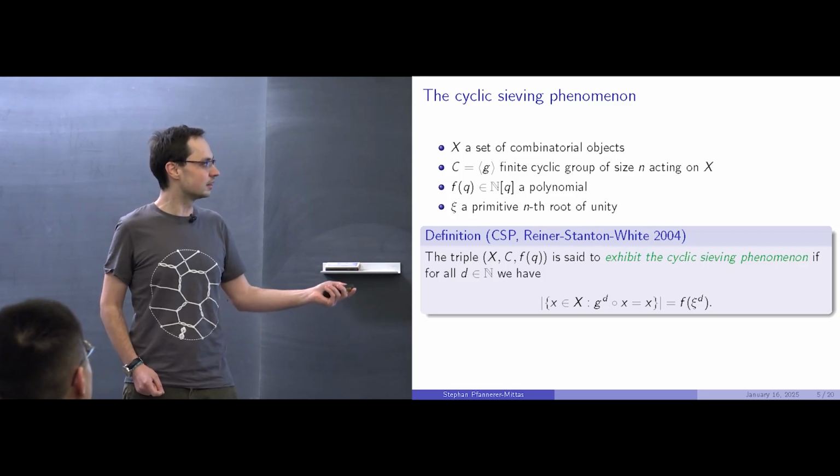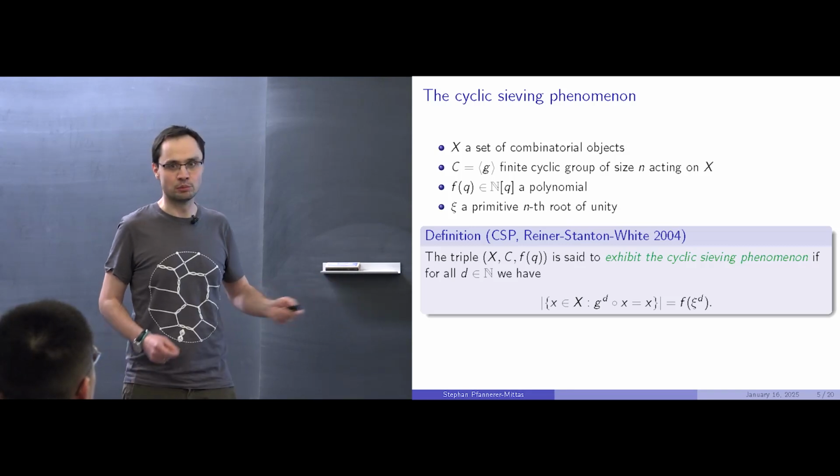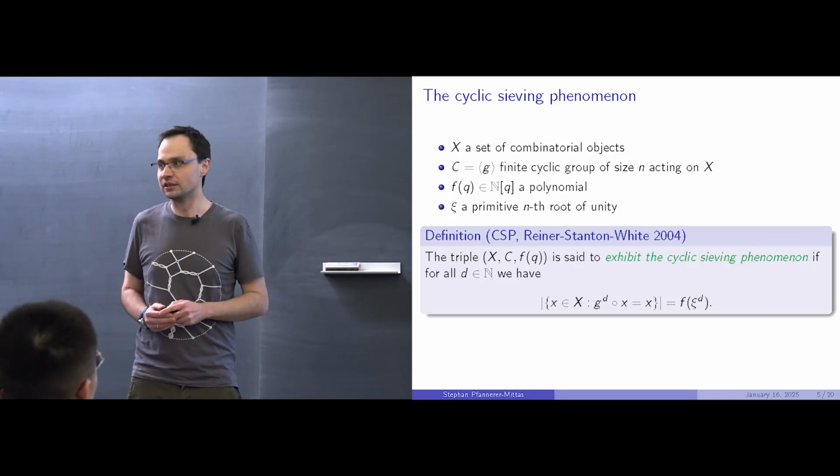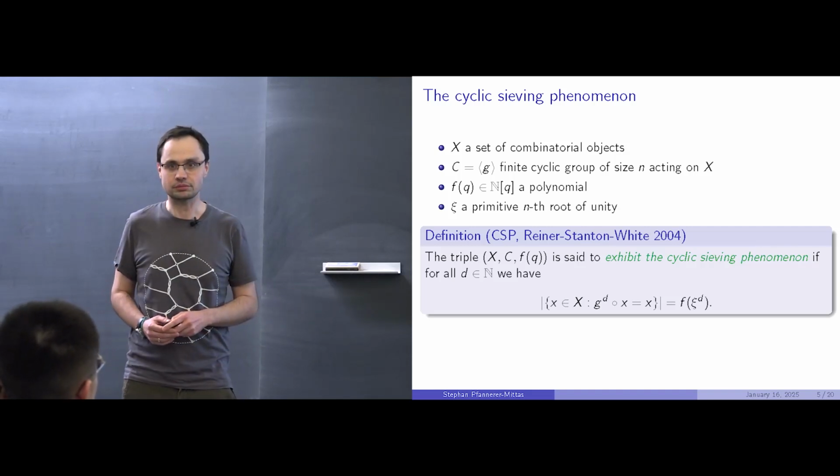So applying the group action d times and counting the number of fixed points is the same as evaluating the polynomial at the primitive root of unity raised to the power d.